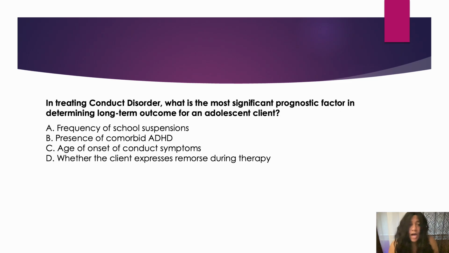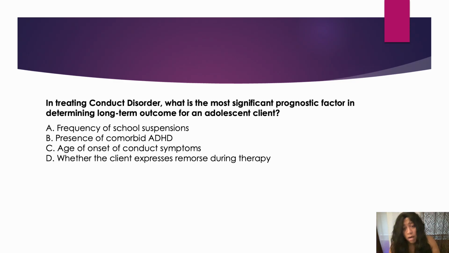Now, in treating conduct disorder, what is the most significant prognostic factor in determining long-term outcome for an adolescent client? This is one of your "you just gotta know" kind of questions. But if we go back and look at it, significant prognostic factors in determining the long-term outcome for an adolescent client means, at what age did the conduct disorder symptoms start that might lead them to being diagnosed with antisocial personality disorder?